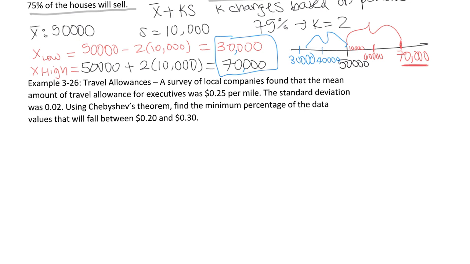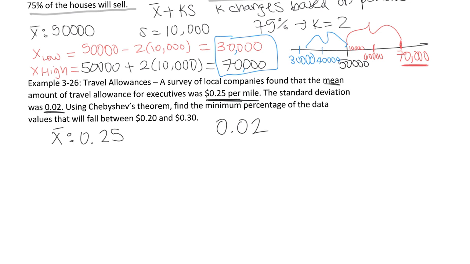A survey of local companies found that the average amount of travel allowance for executives was 0.25 cents per mile. So that's our average. And the standard deviation was 0.02.